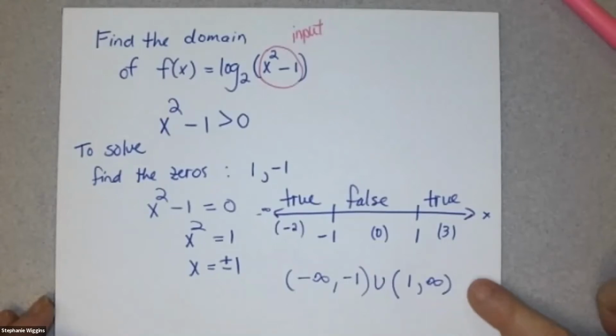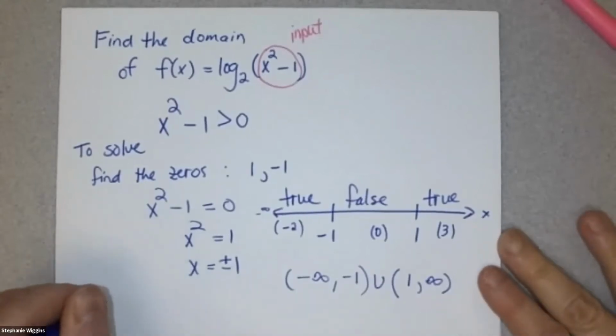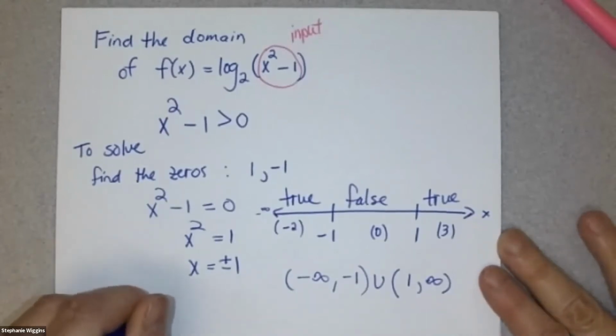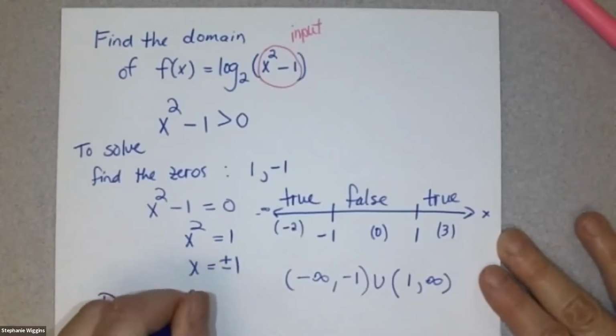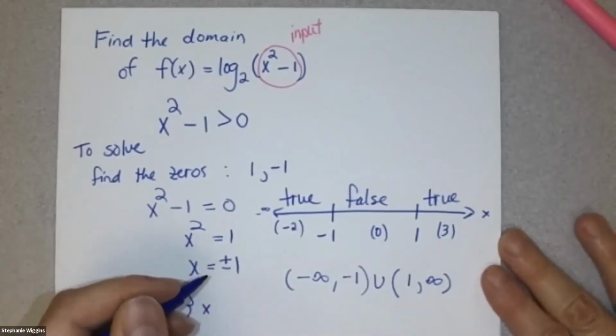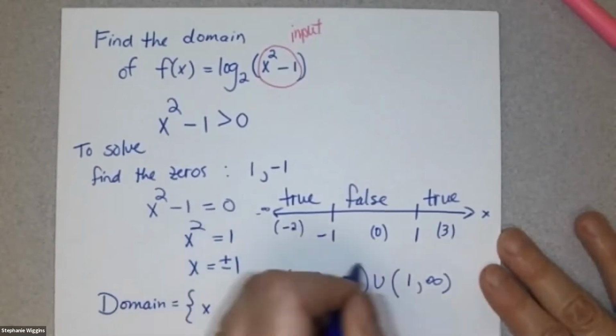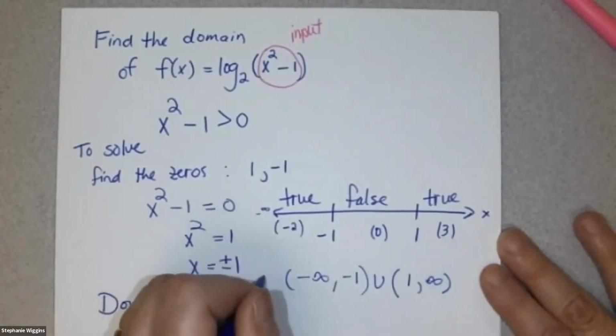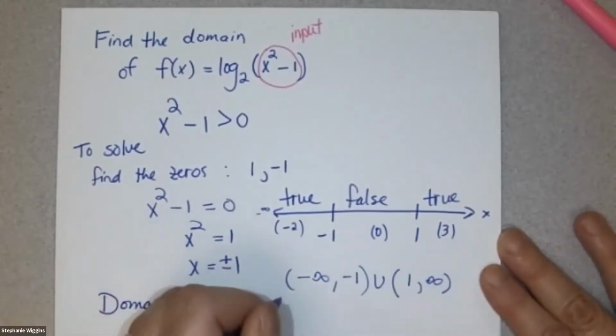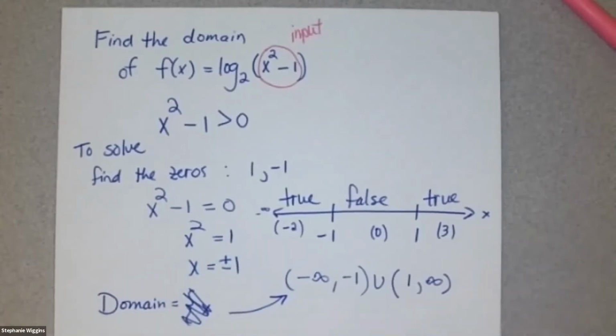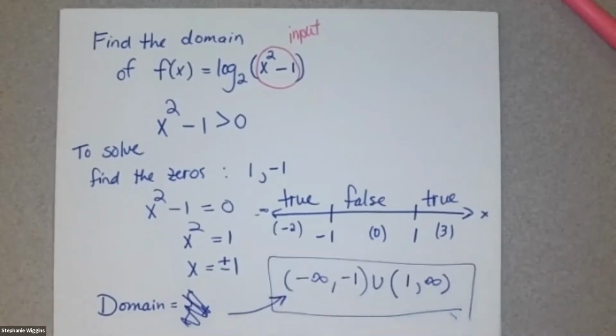In other words, this is the domain. So the domain is equal to, actually, I'll just say this is interval notation. This is just D equals, that's your domain in interval notation. I was about to put it in set builder notation, but that's more complicated, so I'll just leave it like that. Okay?